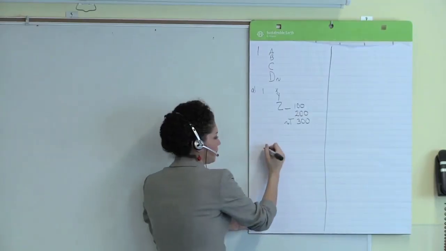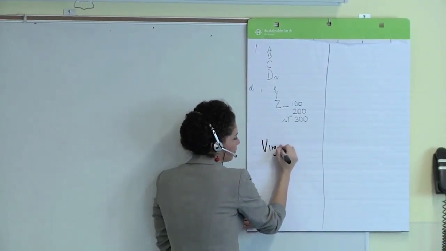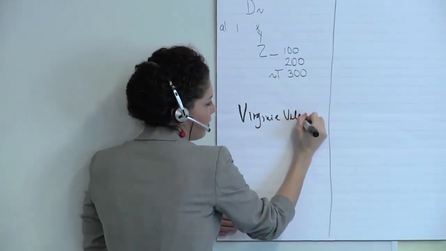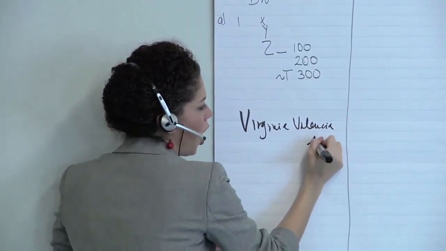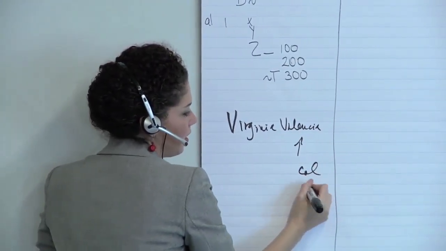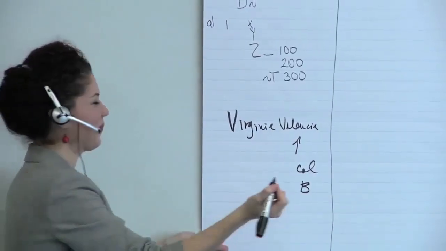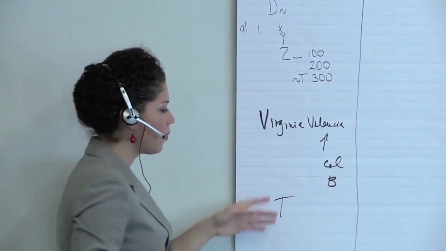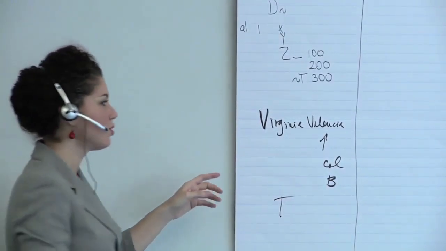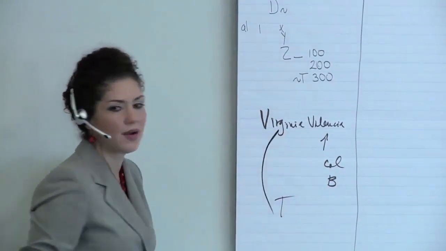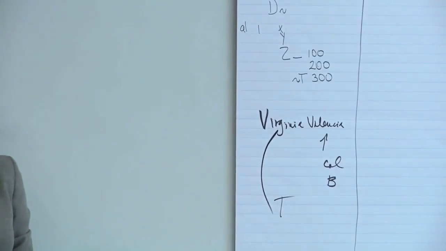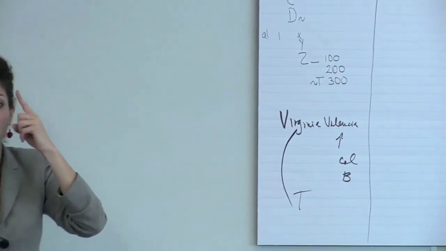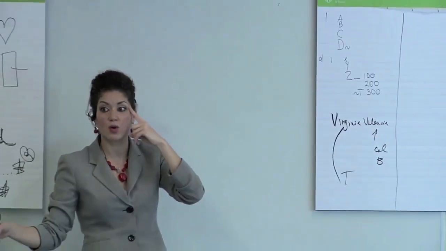For example, Virginia Valencia is tall, Colombian, and beautiful. Okay? And Virginia is also a teacher. I don't want to have to write all this down. So what do I do? I take Virginia and I grab it down and I draw a line. That's the recall line. It helps you recall without having to write it all over again.